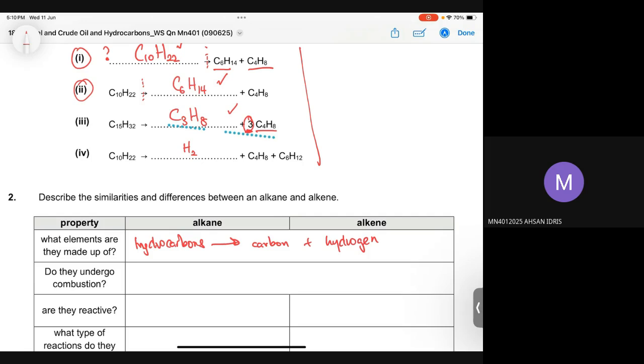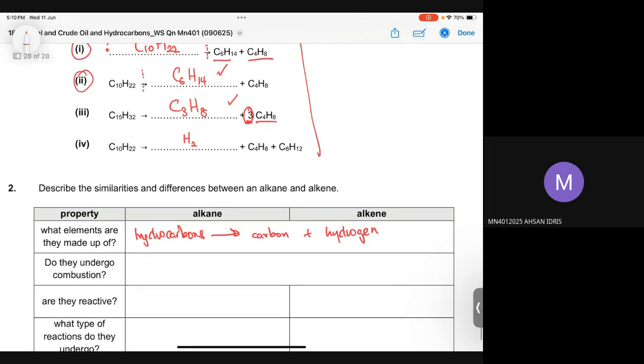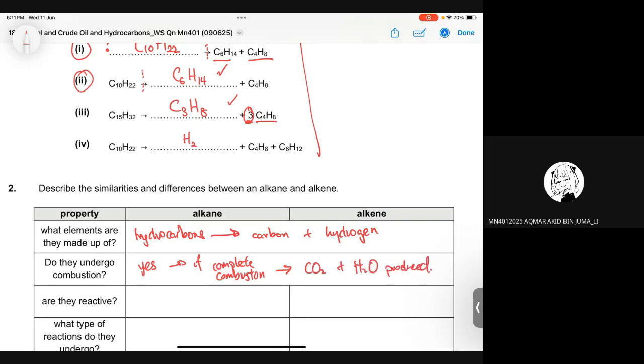Okay, next one. Do they undergo combustion? Yes. If complete combustion, what are the products? Is it carbon dioxide and water? Yes. CO2 and H2O produced. Good. So you can realize by trying to dig out all this knowledge, it helps a lot.